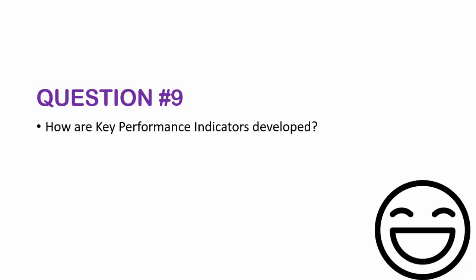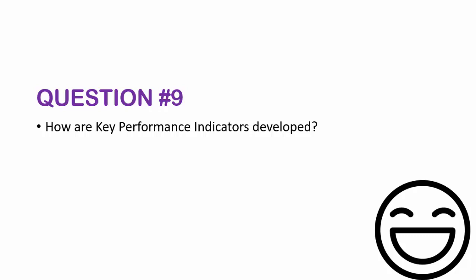I did a course on one of these websites, and it talks a lot about this. But even on my YouTube channel, you'll see that I've done a video on how key performance indicators are developed. So they are developed by using the problem and solution tree methodology.